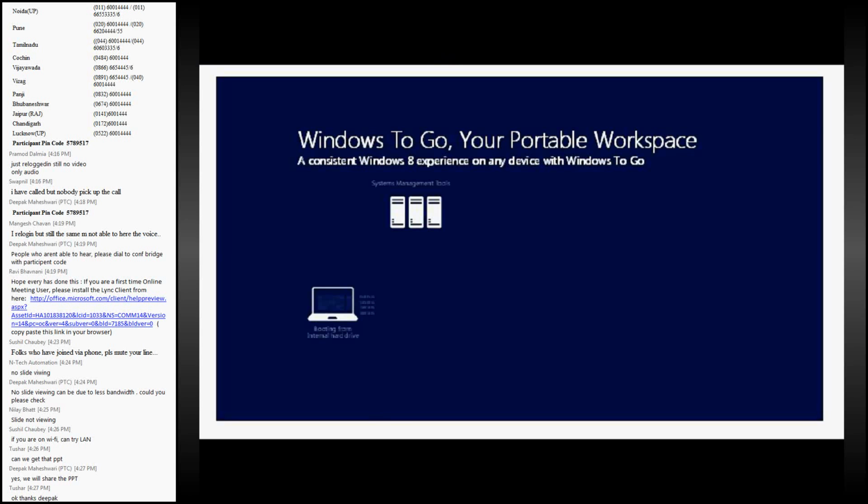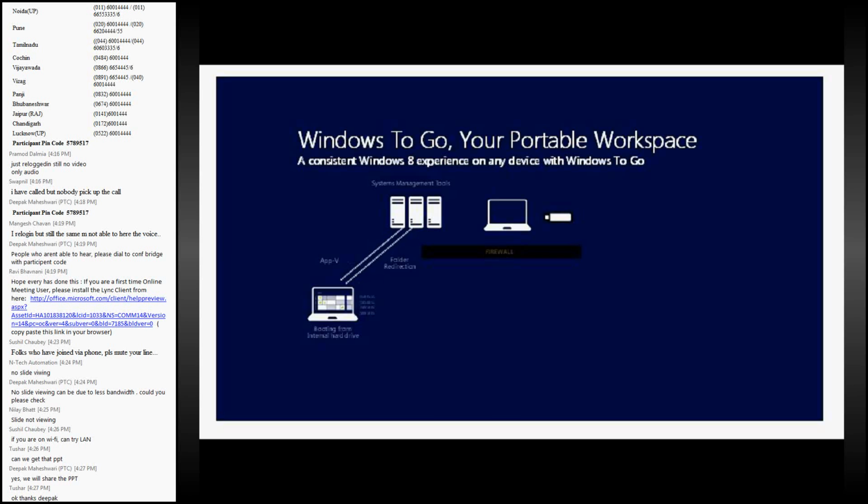how it works. Now there's another scenario where you can use Windows to Go. Windows to Go is an enterprise feature, right? Now if you boot from the internal hard drive, this is how it comes. You're using application virtualization to stream your application to your desktop PCs.